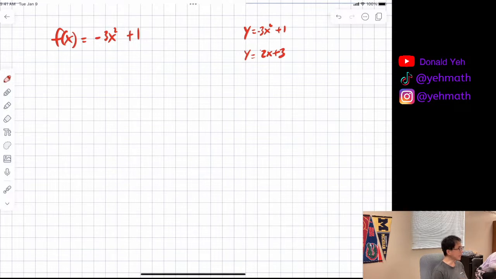And I say when x is equal to 1, what happened to y? What will be your question? If I give you those two equations, I say when x equal to 1, what is y? So what is your question for me?